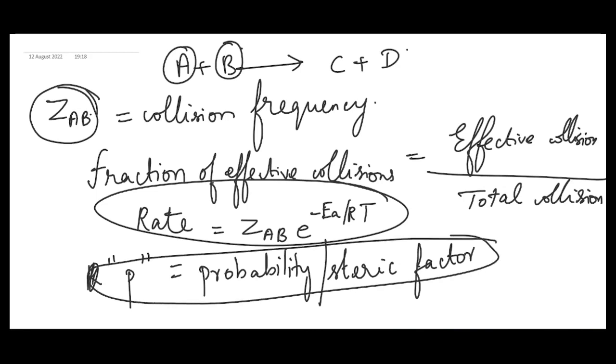Now the collision theory also states that despite having all the conditions to undergo the effective collision, the two reactant molecules must be in a specific orientation such that they react with each other. So, including the steric factor also in the final equation, along with the fraction of effective collisions, we get the final equation of the collision theory to be rate is equal to P times ZAB into e power minus EA by RT.